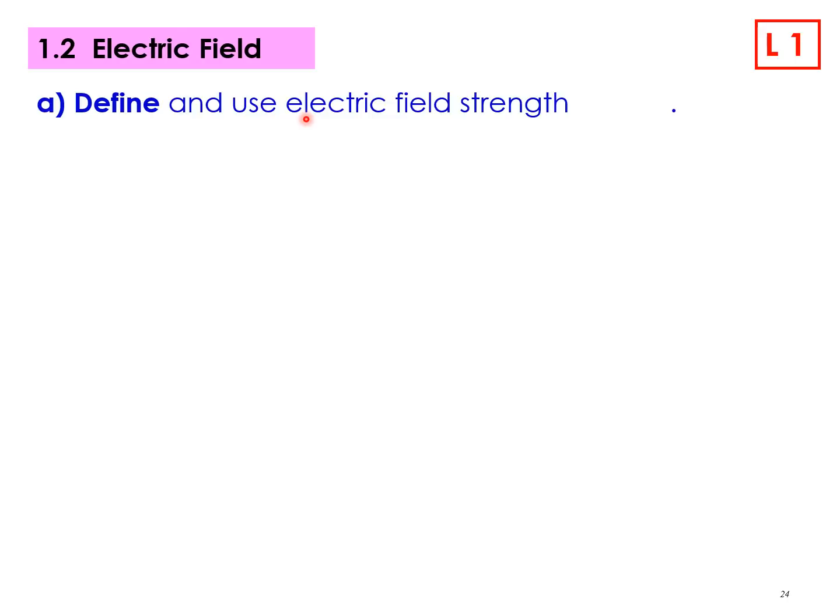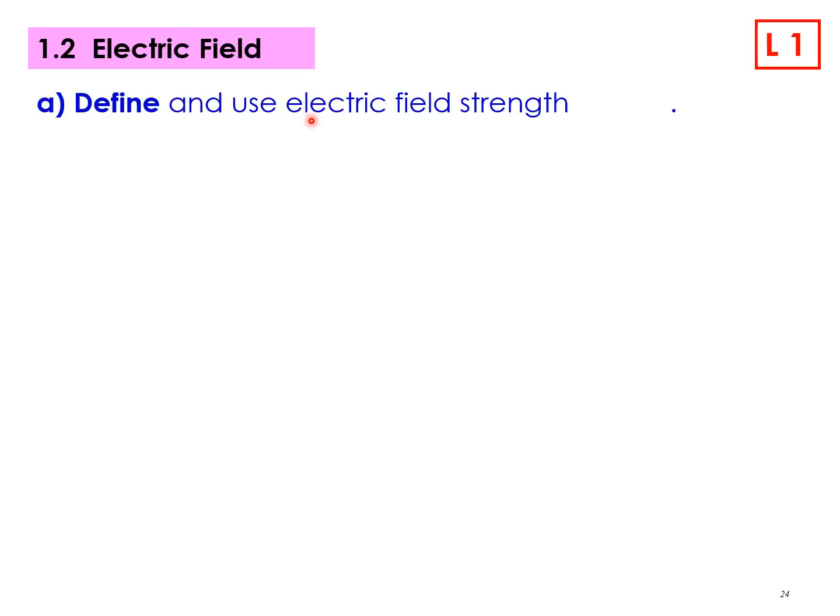Basically, electric field is a field that exists around each electrical charge, and it will exert force on all other charges in the field. So every surrounding electrical charge has an electric field.